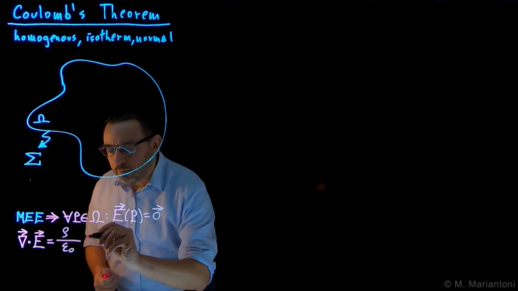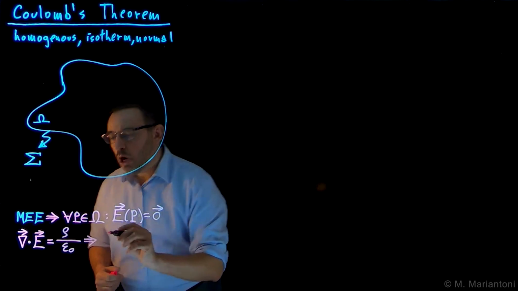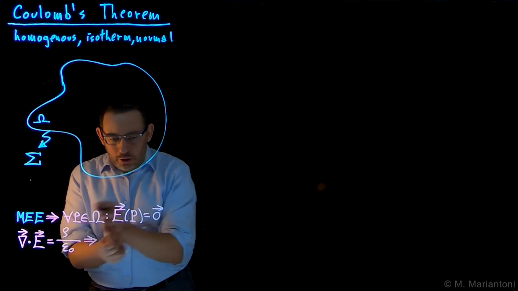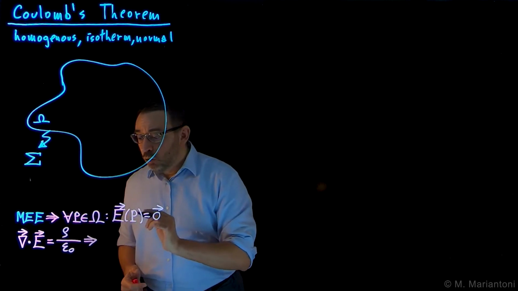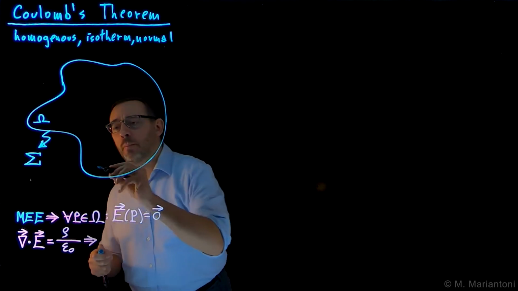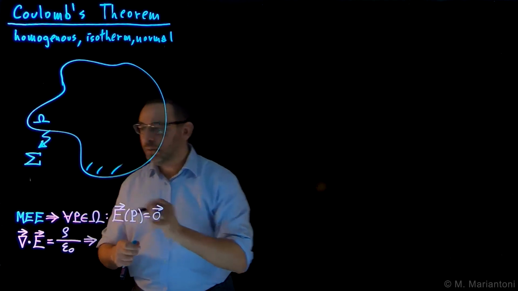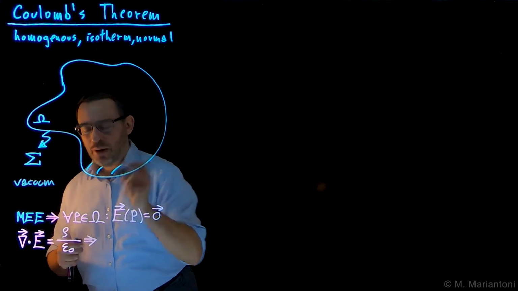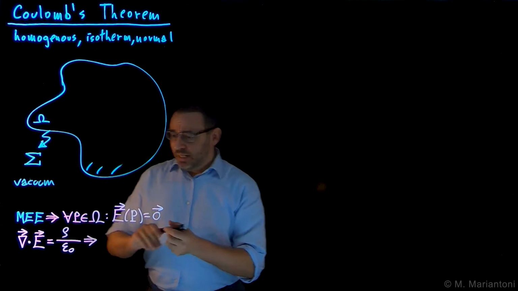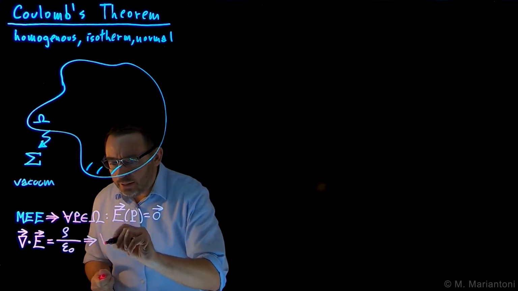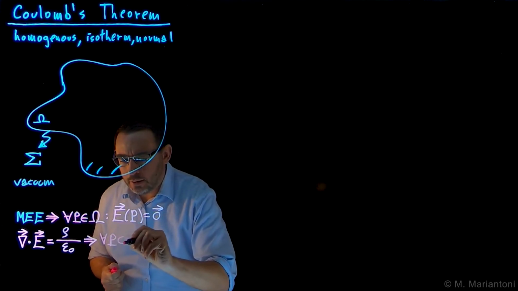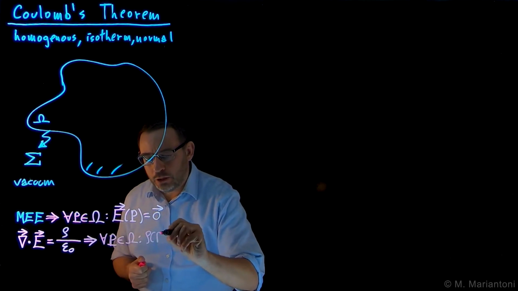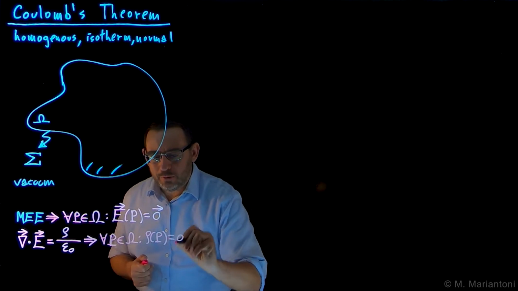As a consequence of the macroscopic electrostatic equilibrium condition, since E is equal to 0 at each point in the bulk, and again, we have bulk inside and vacuum outside, it has to happen that at each point P in the bulk, capital Omega, rho at such points P has to be identically equal to 0.